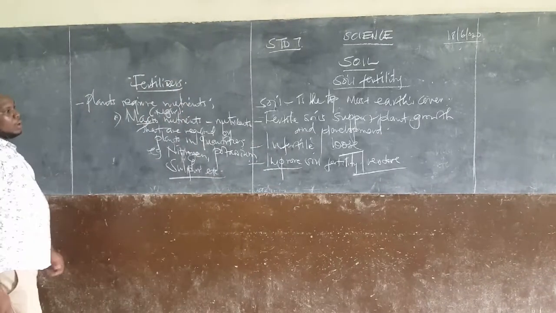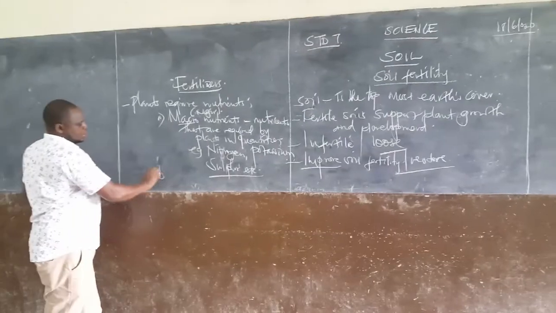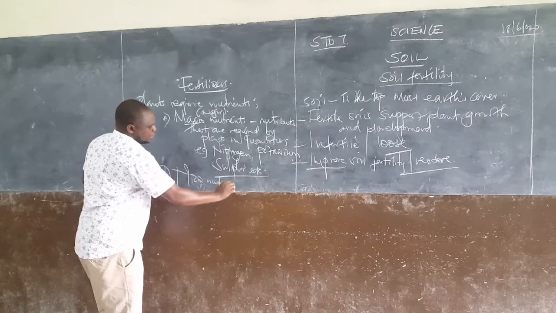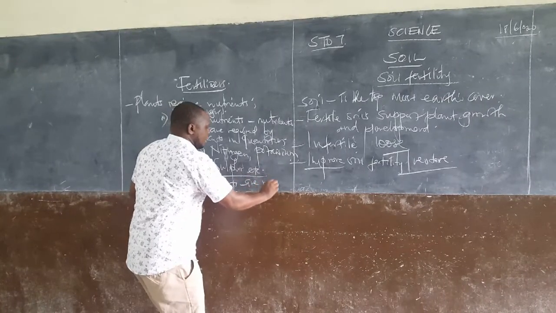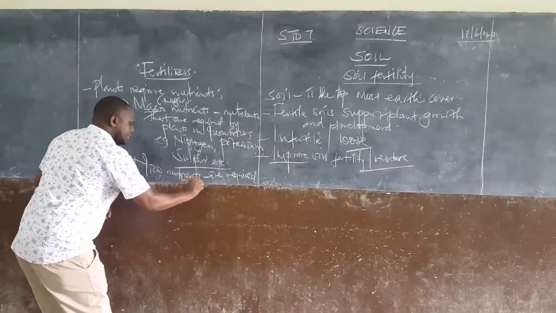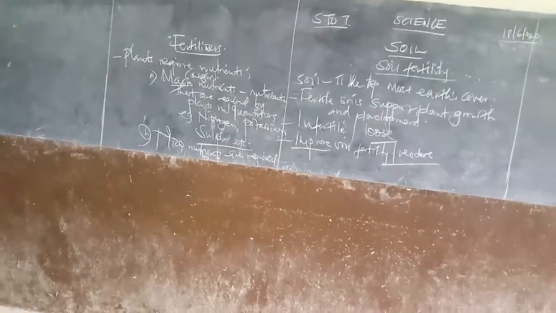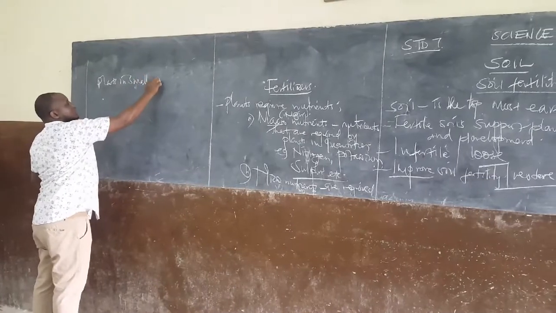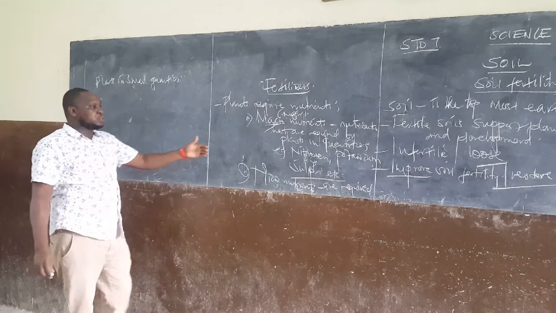Plants also require nutrients in small quantities, and we call those micronutrients. Micronutrients are required by plants in small quantities. So you realize that we have two types of nutrients.